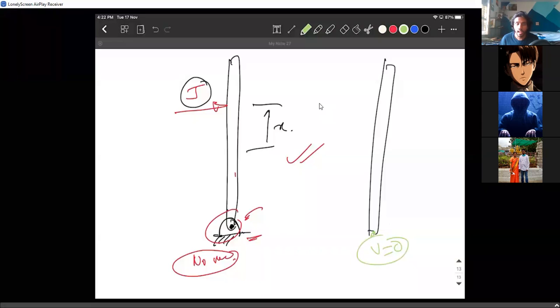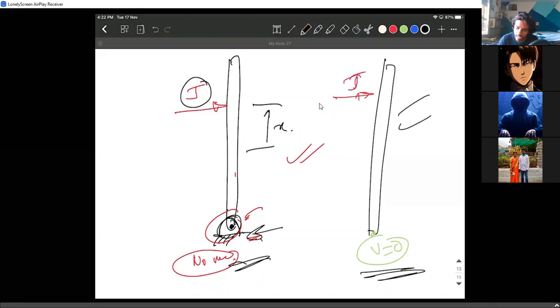Or the rod is hinged, but the hinge does not have any reaction, which means it should not give any impulse. If it is not moving at all, why would it give any impulse? Yes, both situations are exactly the same question. Yes, sir, now I got it. So they might ask you questions like this.